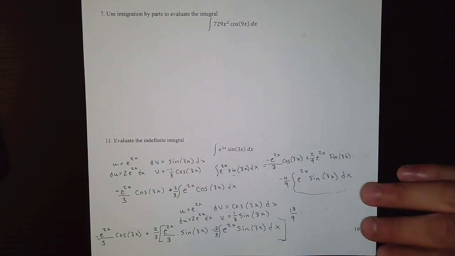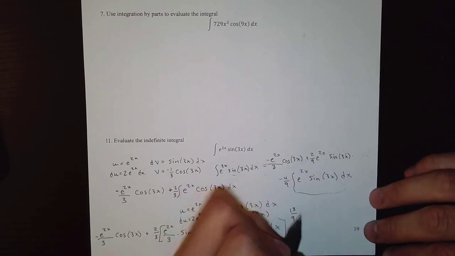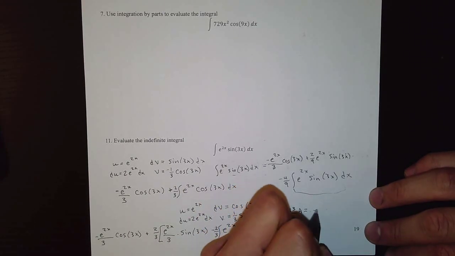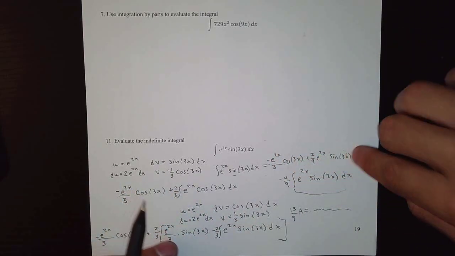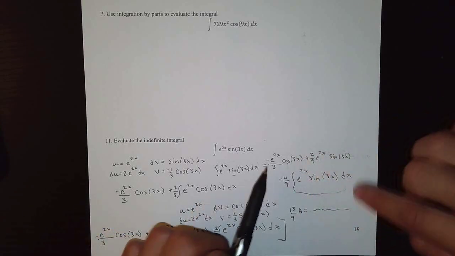And so now we have 13/9 A is equal to the stuff on this side, which would just be these two terms right here.